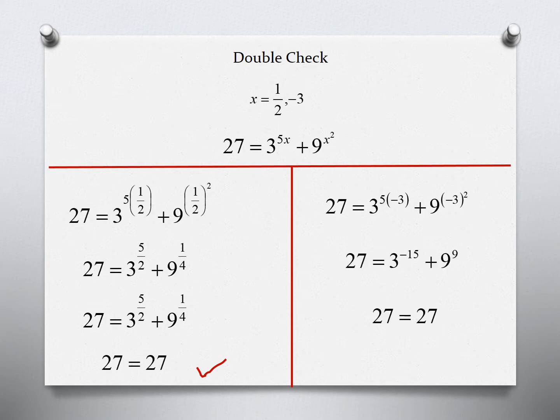We substitute and we simplify, and we discover also that 27 is 27, which is a true statement, which means these are indeed solutions for our original equation of 27 is equal to 3 raised to the 5x plus 9 raised to the x squared.